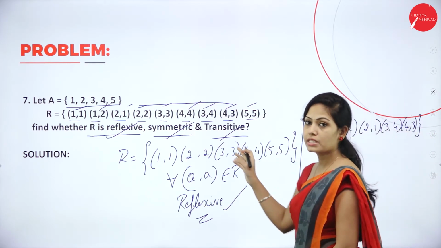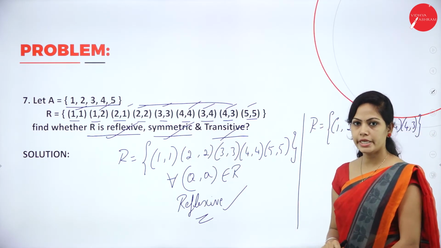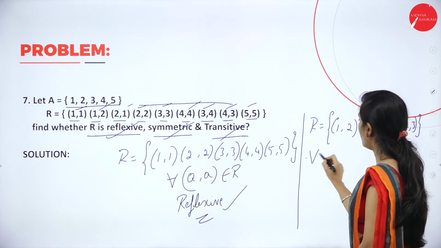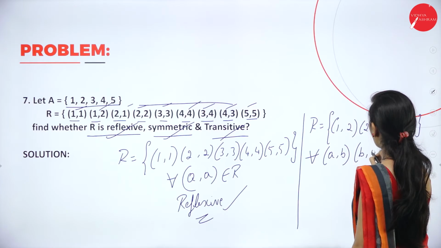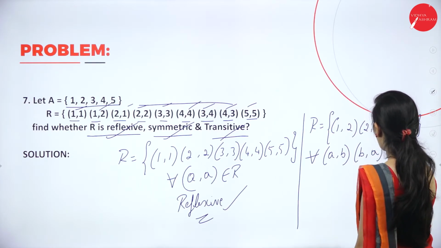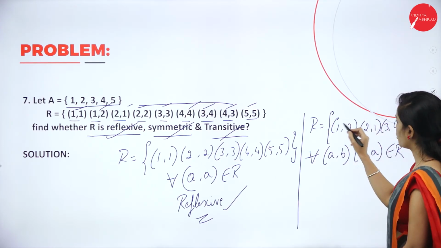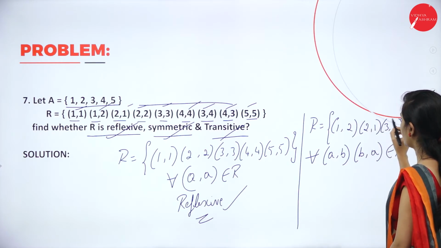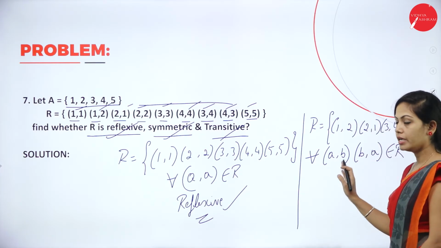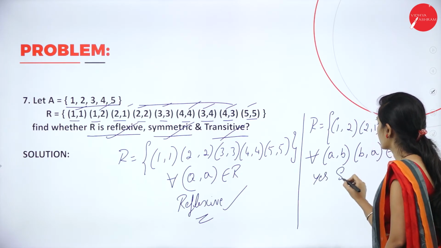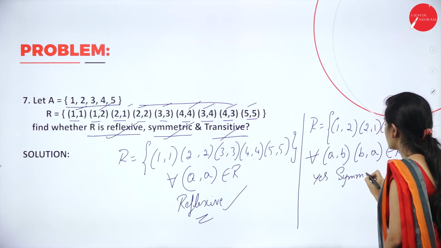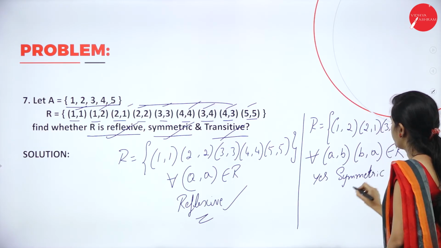So it holds the symmetric property also, because for all (a,b), (b,a) belongs to R. Yes, it is symmetric. It holds the symmetric property.